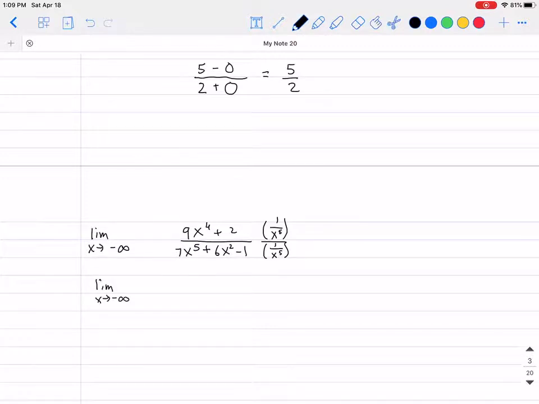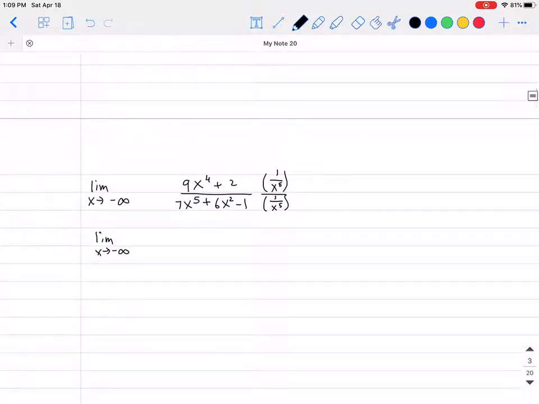Okay. So the limit as x approaches negative infinity. Of the top part, we get 9 over x, then plus 2 divided by x to the 5th, all divided by 7 plus 6 divided by x to the 3rd minus 1 over x to the 5th.